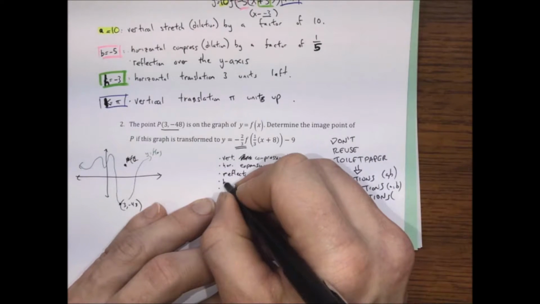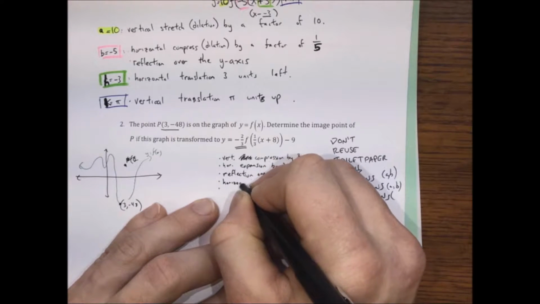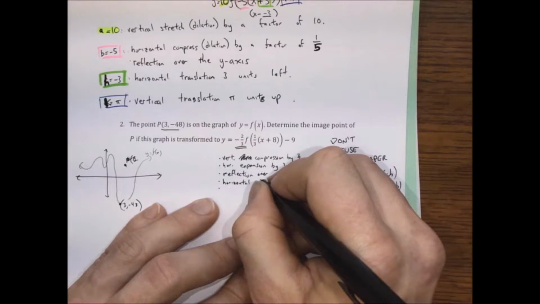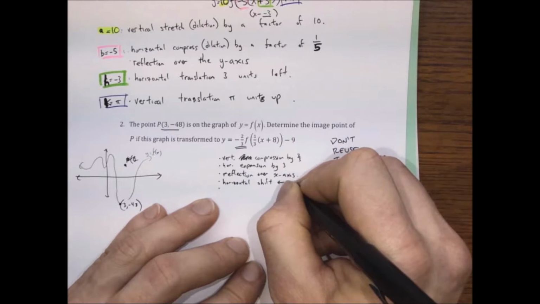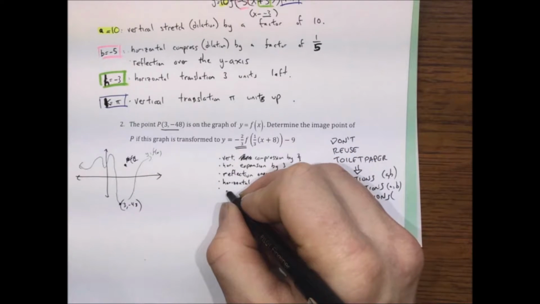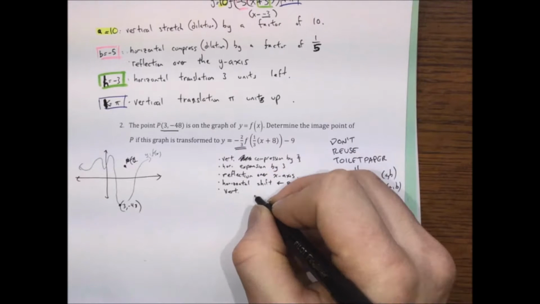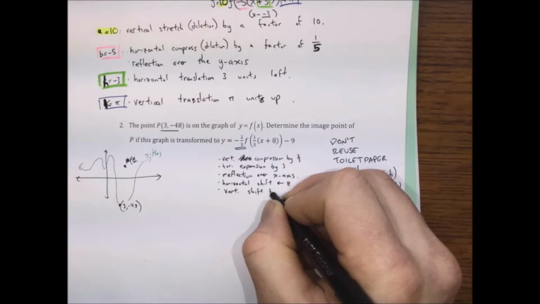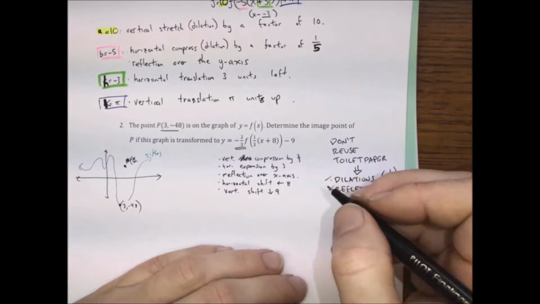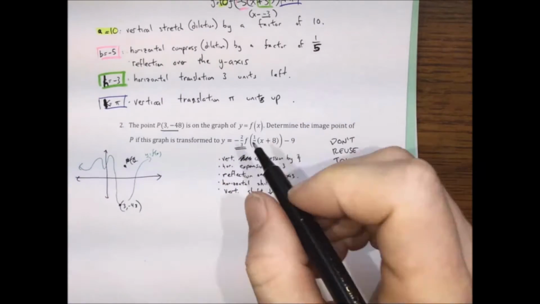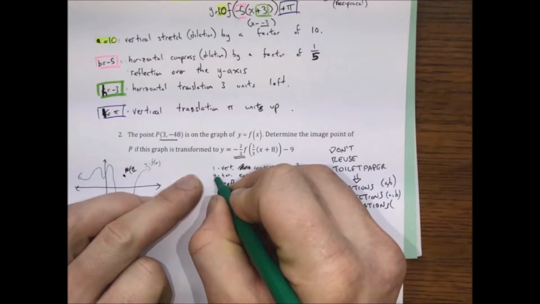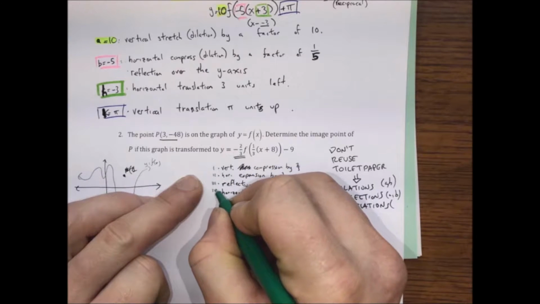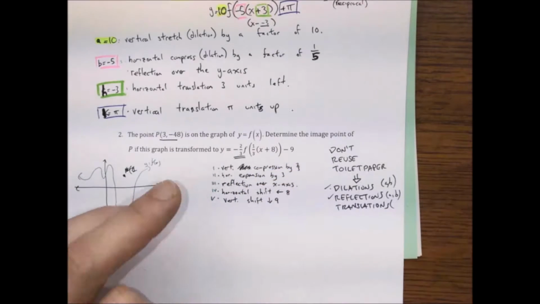I have a horizontal shift to the left 8, and I have a vertical shift down 9. And I'm going to call these transformations transformation 1, 2, 3, 4, and 5.